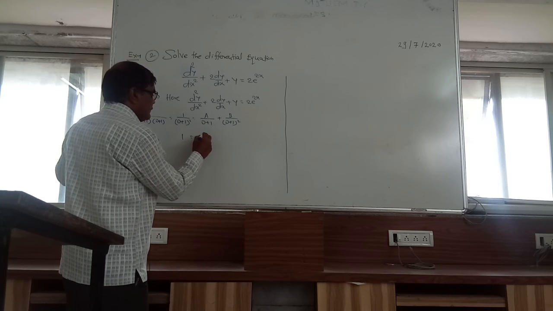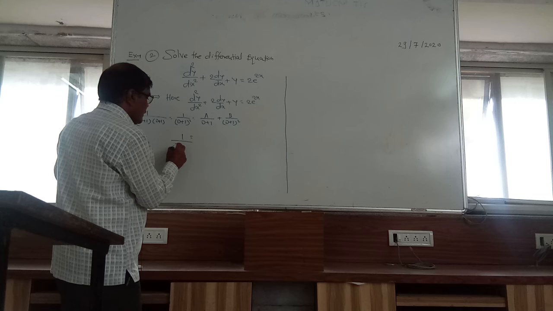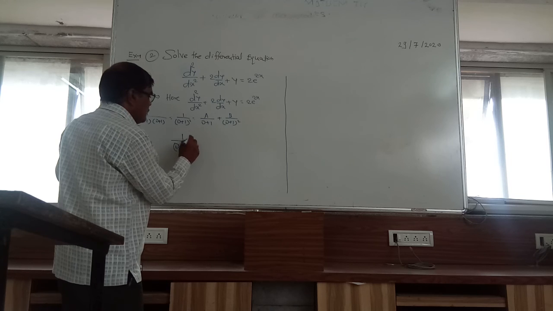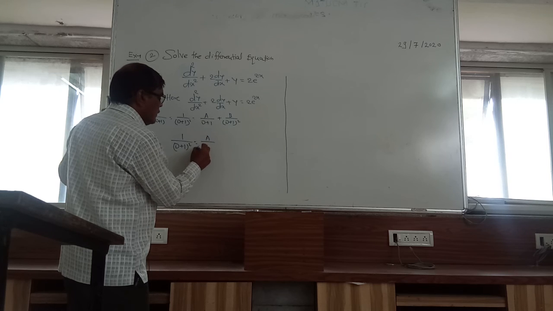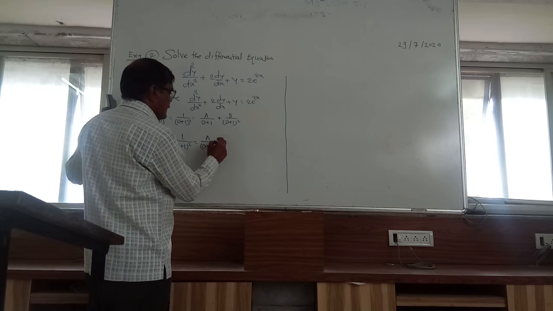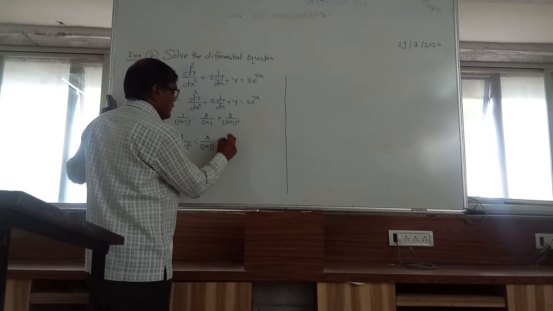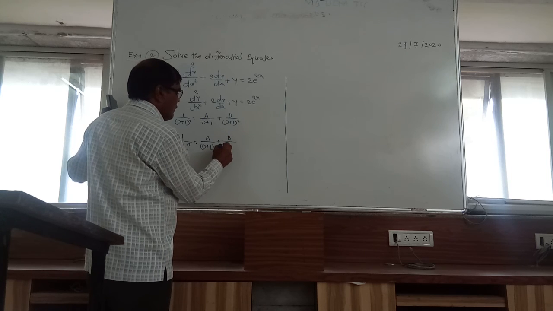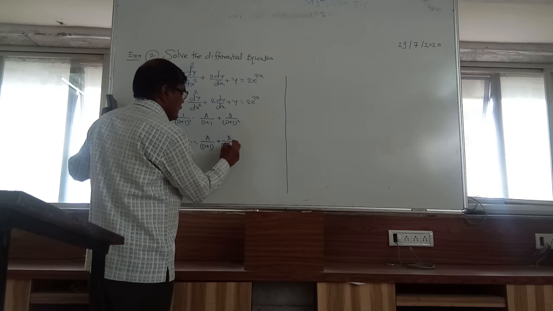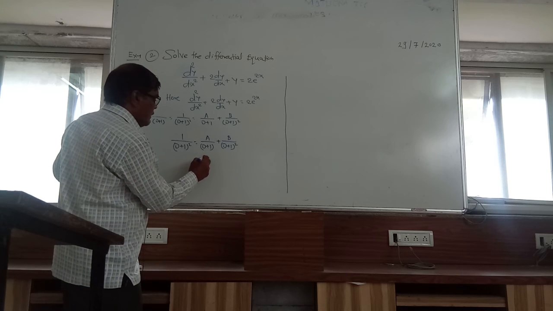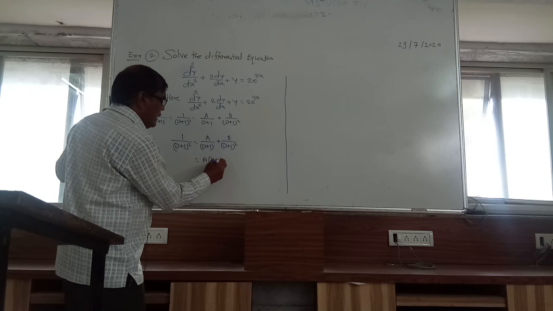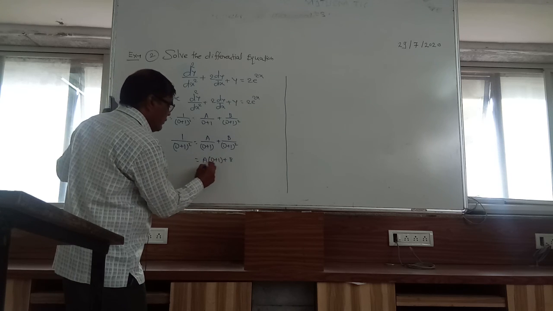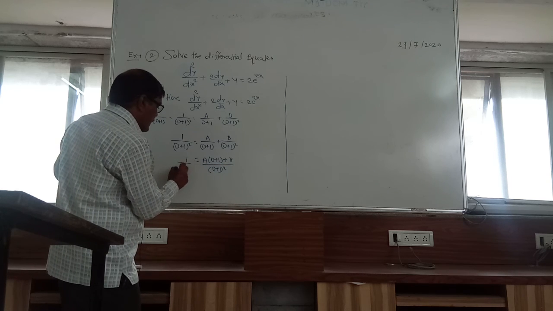That is, 1 upon d plus 1 square equals a upon d plus 1 plus b upon d plus 1 square, that equals a upon d plus 1 plus b upon d plus 1 bracket square, that equals 1 upon d plus 1 bracket square.